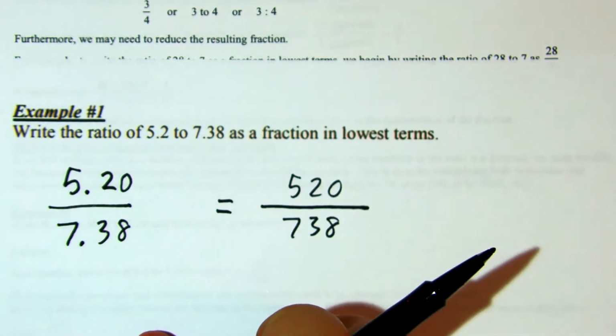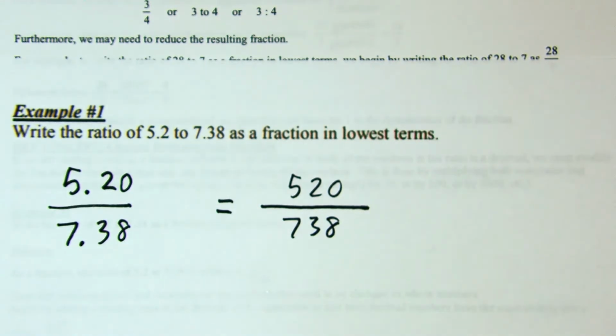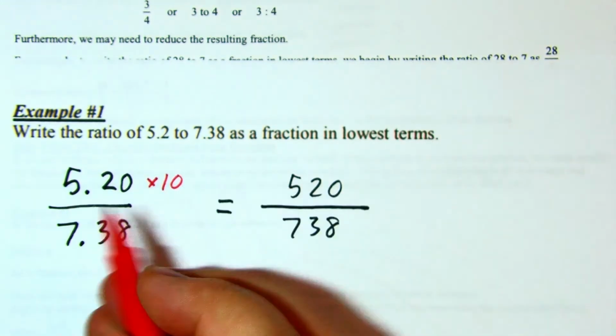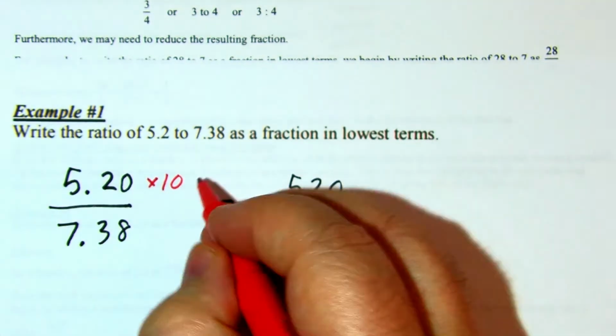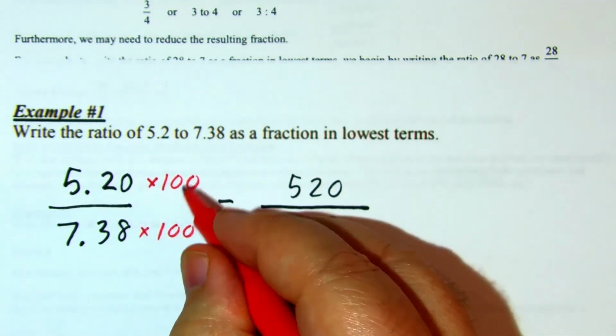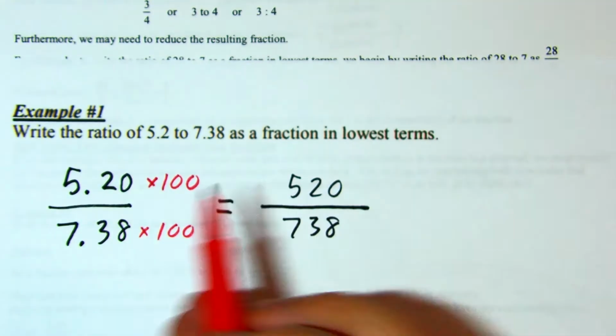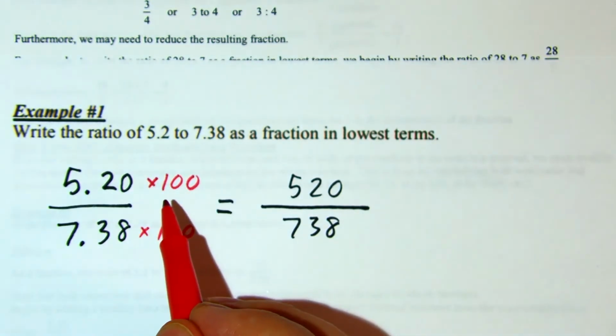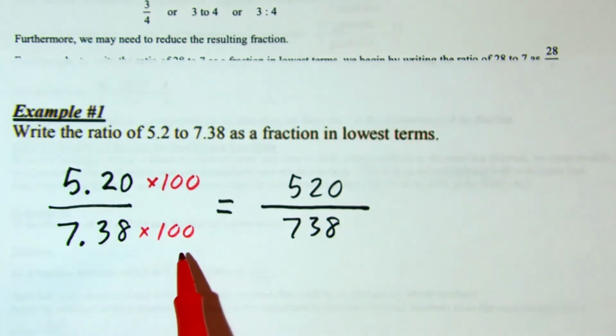The math that allowed us to do that is, let me grab a different color, we multiplied not by 10, because 10 would have only moved it 1 place. We multiplied the top and the bottom both by 100. We have to multiply the top and the bottom by the same number. When this started out as 5.2, it might have looked like 10 would be enough, but because the bottom needed 2 places, you have to do the same top and bottom.